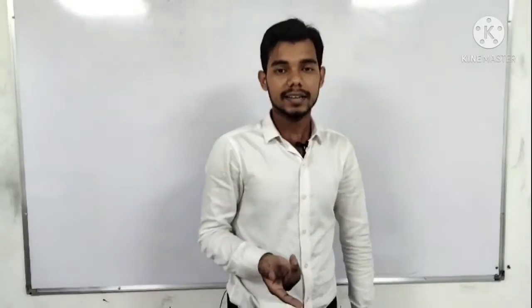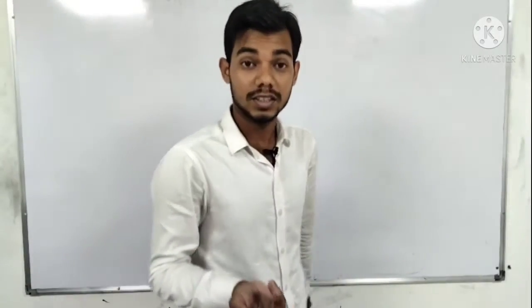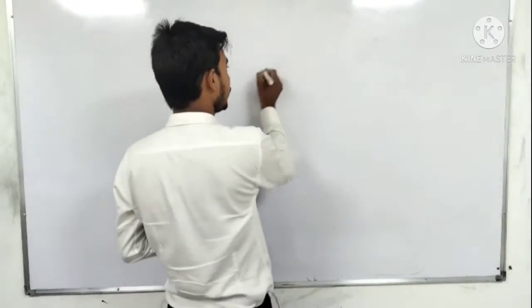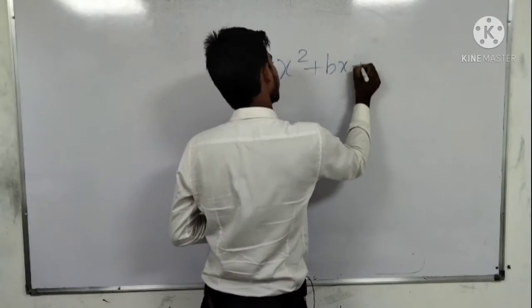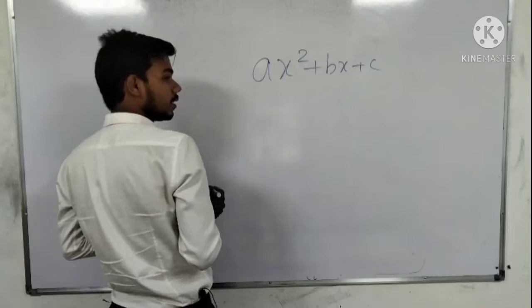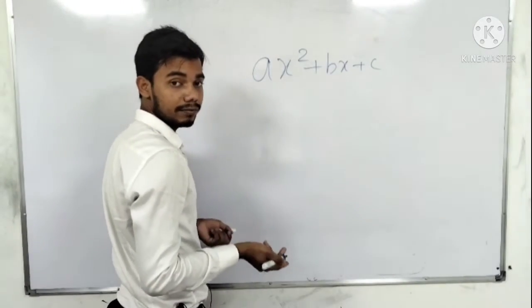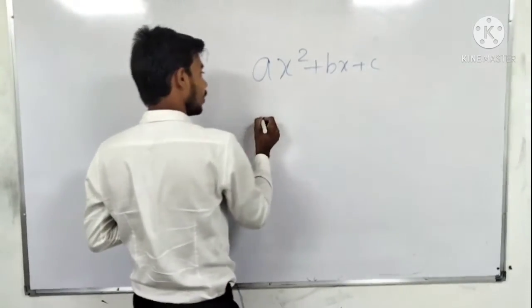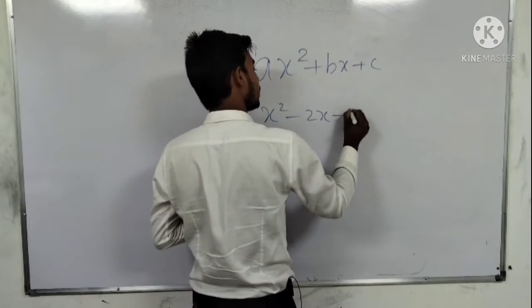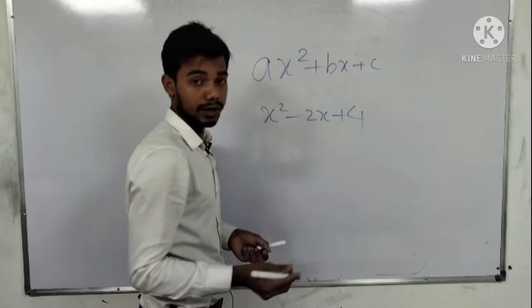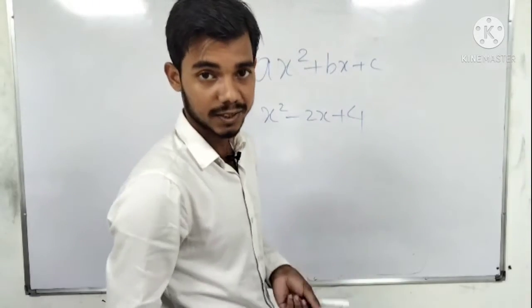Okay, the turning points are as follows. Let us see. I again emphasize that the general form of the quadratic polynomial is ax square plus bx plus c. Now if you are given a quadratic polynomial like x square minus 2x plus 4, what is the value of a, b and c?